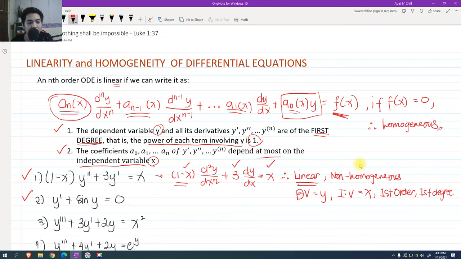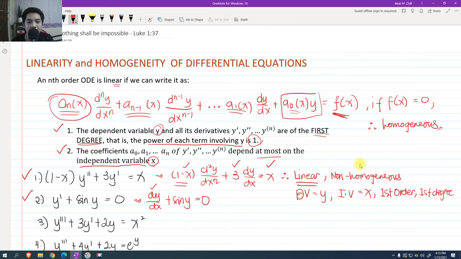For number 2, let's try. Number 2, y prime, usually this is dy over dx. So if we rewrite that, we have dy over dx plus sine of y equals 0. For dy over dx, we have a 1 here. It's okay. For our a sub 1 of x, we have 1.